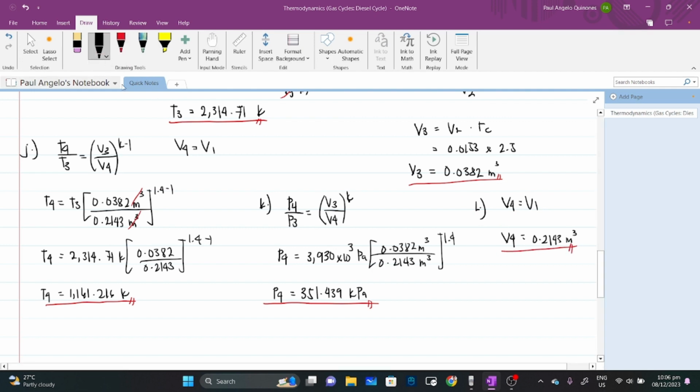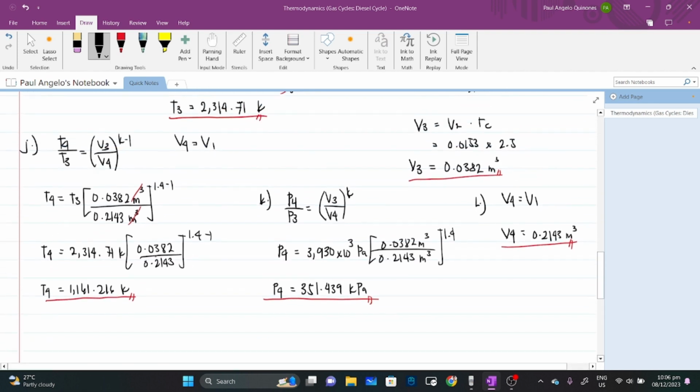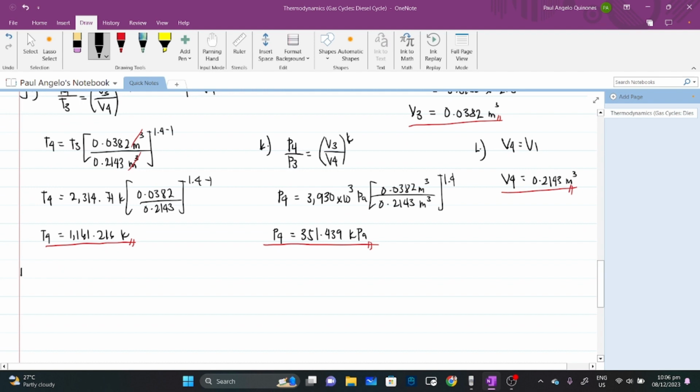Next. We now have pressure, volume, and temperature at point 4. Let's now solve for heat rejection. Heat rejection is given by negative mCV times T4 minus T1. We don't have CV yet, so we can solve for CV, that is R over K minus 1.